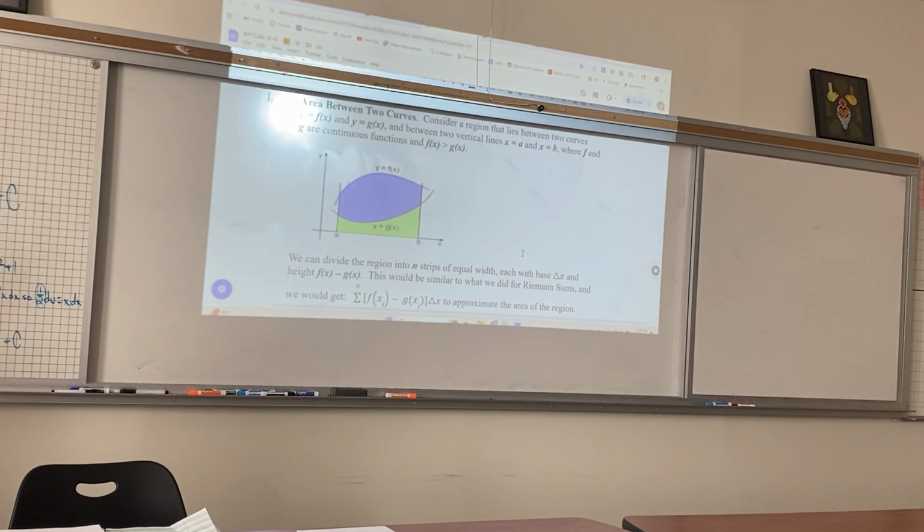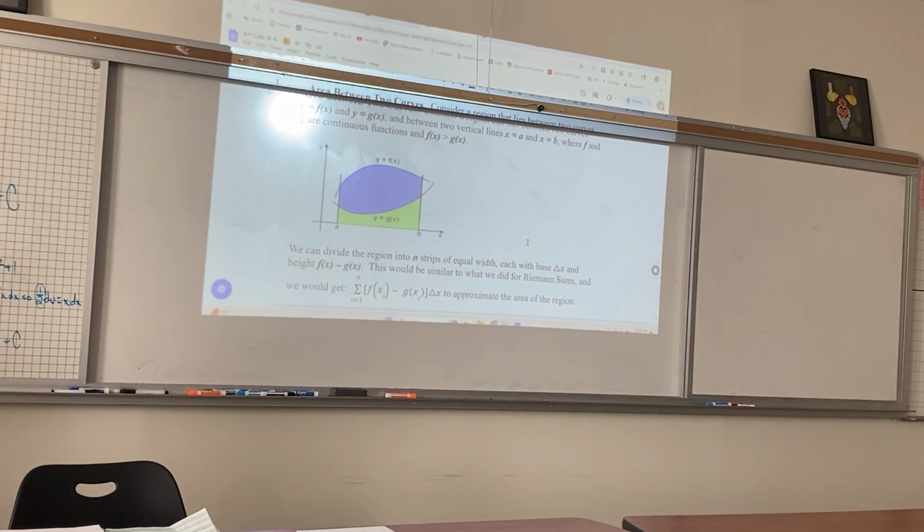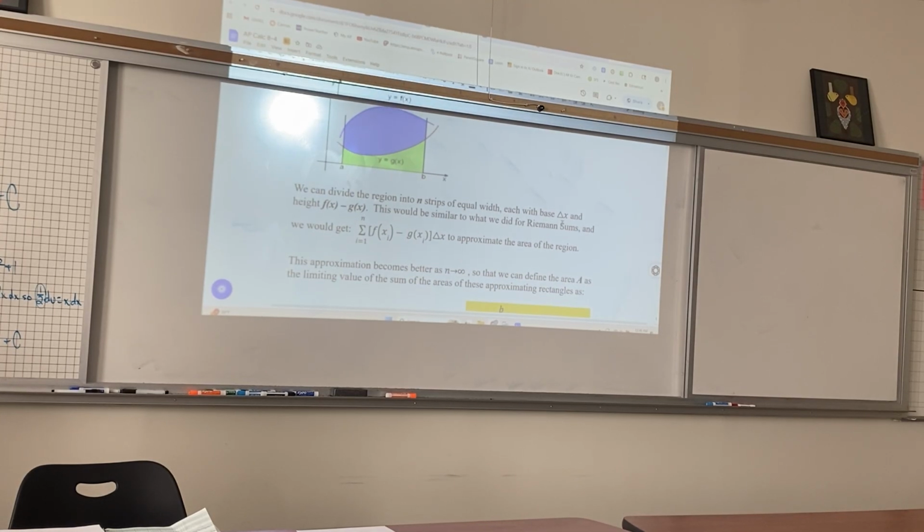I don't necessarily want to approximate the area, I really want to know the area. Because to get the exact area, I'm going to have to let the number of rectangles approach infinity. Now I really don't have that time. Plus, I know we've been working with integrals, and doesn't an integral give me the area under a curve to the x-axis?